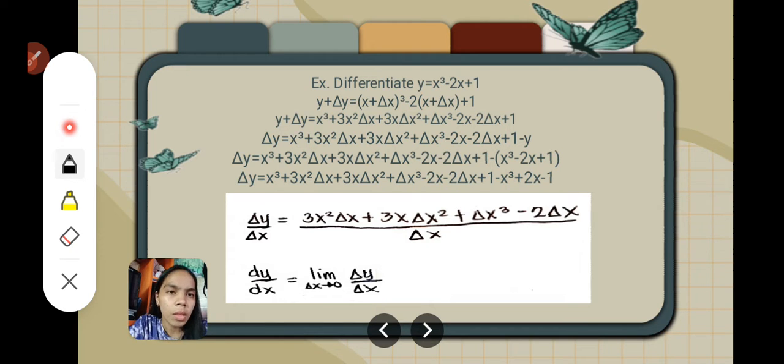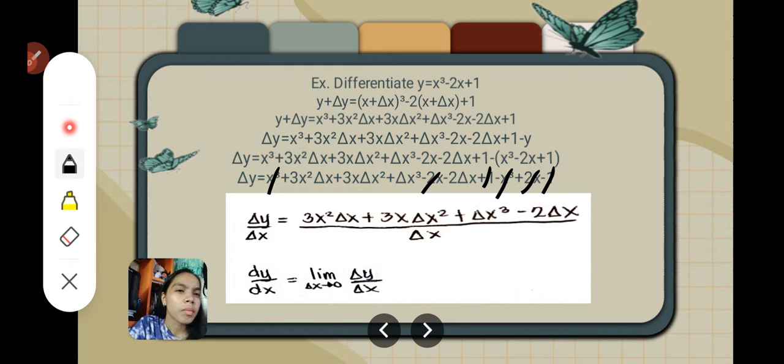And so we will be combining like terms. Negative 1 and positive 1 cancel, negative 2x and positive 2x cancel, and positive x cubed and negative x cubed cancel.